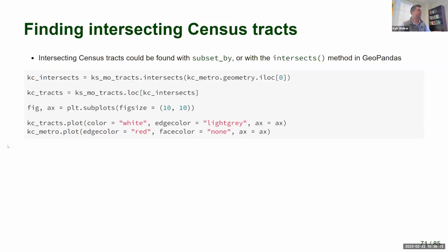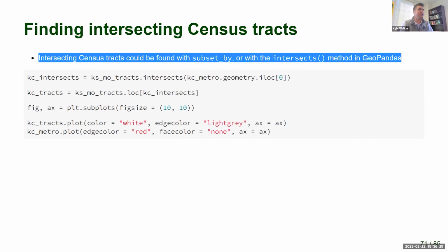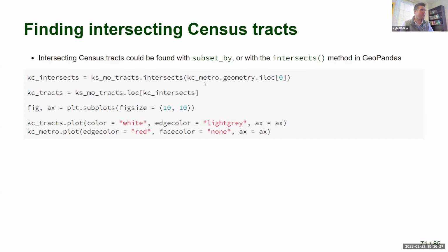What I'm going to do is set up some spatial filtering. You could use subset by for this in pygris, but I want to abstract this and show you how to do this spatial filtering more broadly. The intersects method will do it. It requires a little bit of extra syntax. So I'm going to run the intersects method.